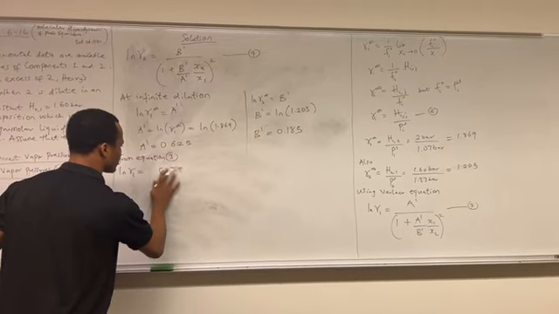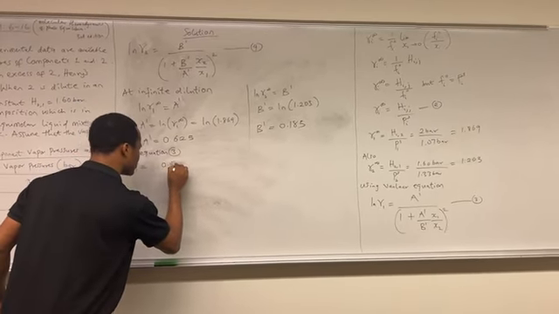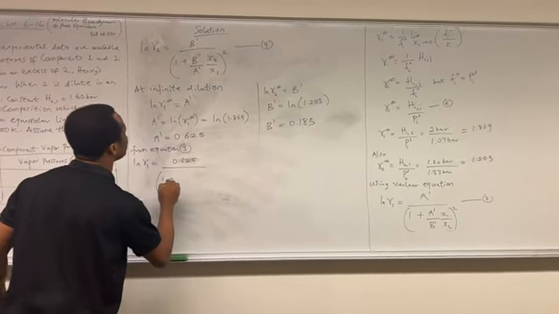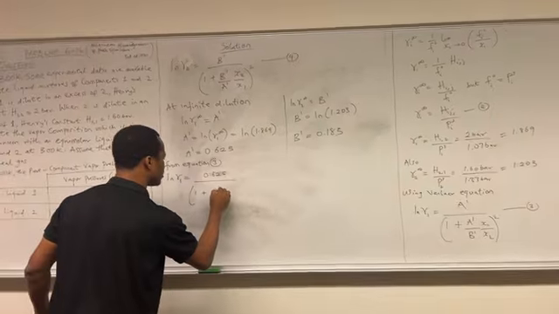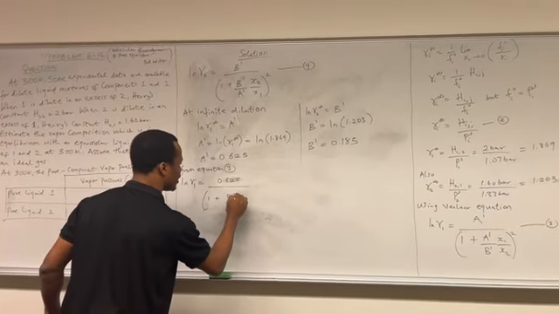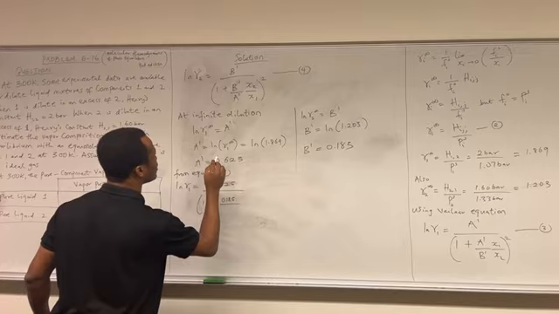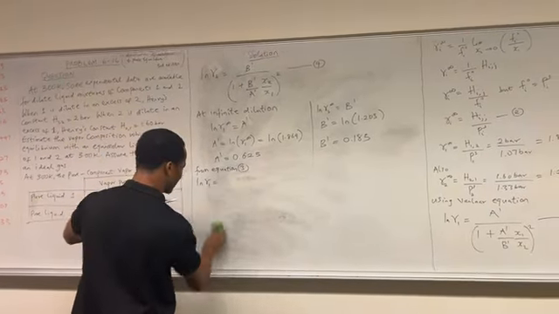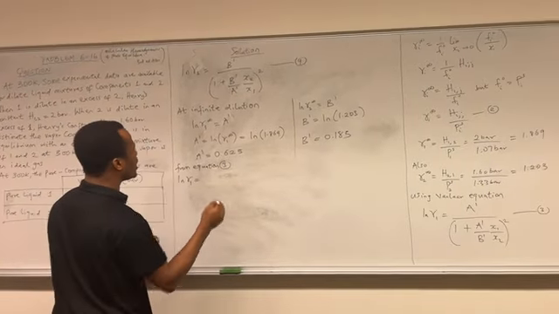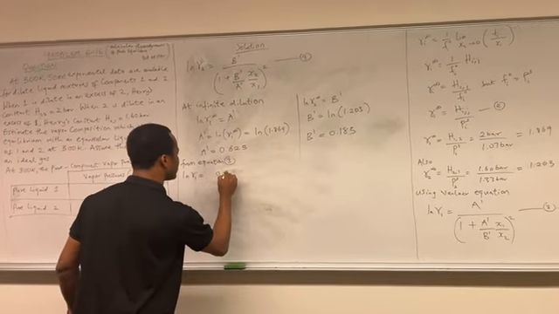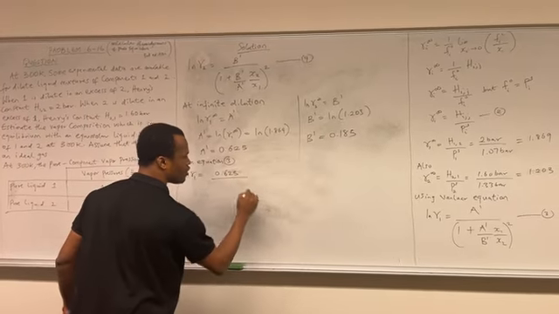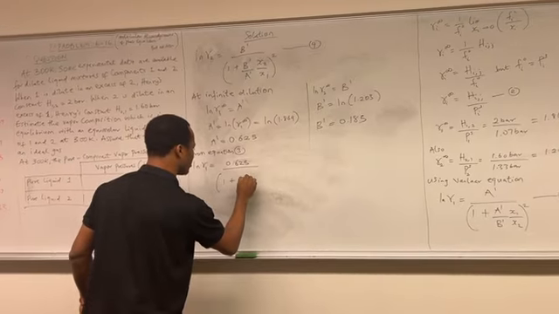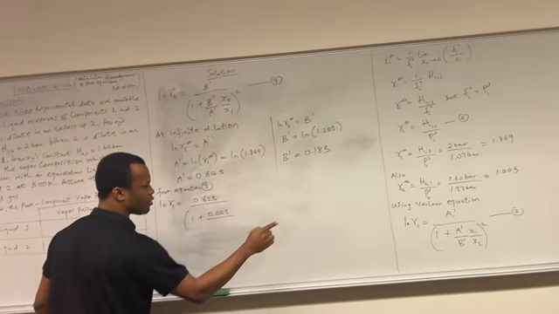0.625 upon 1 plus our b prime is now 0.185 over. So from equation 3, a prime is 0.625 upon 1 plus a prime is 0.625 upon b prime.